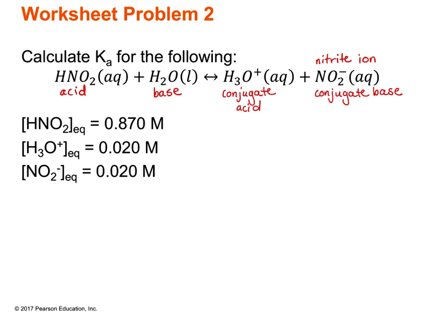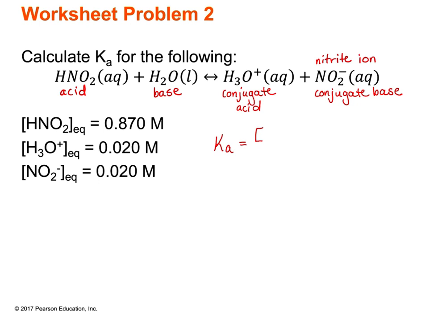Okay, so now let's write the expression for the acid ionization constant. If you would like to pause the video and try this on your own first, you can. Remember that the acid ionization constant has the concentration of products in the numerator and the concentration of reactants in the denominator.